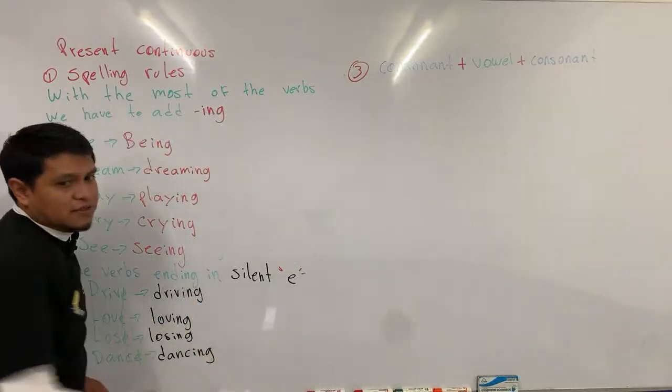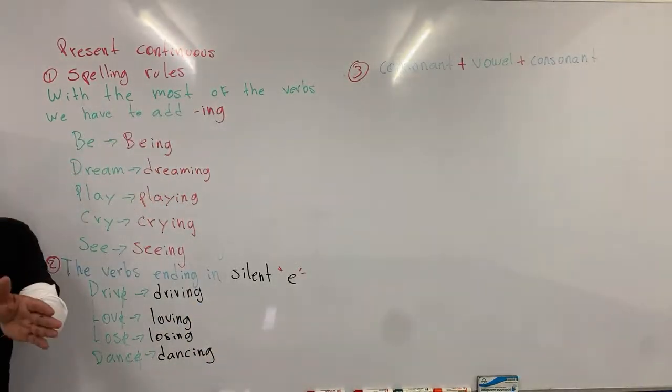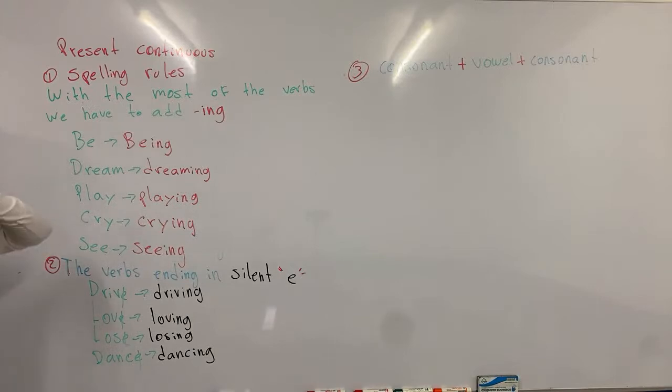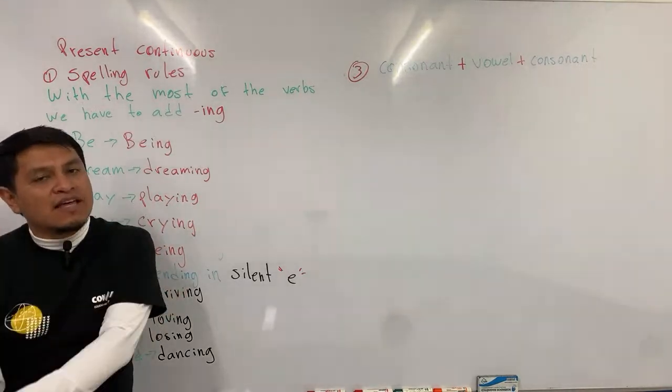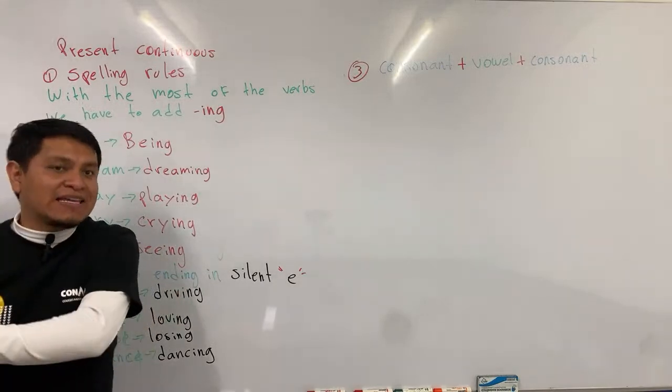Consonant vowel consonant. Check this. In that case, we duplicate the last consonant and we add ing.